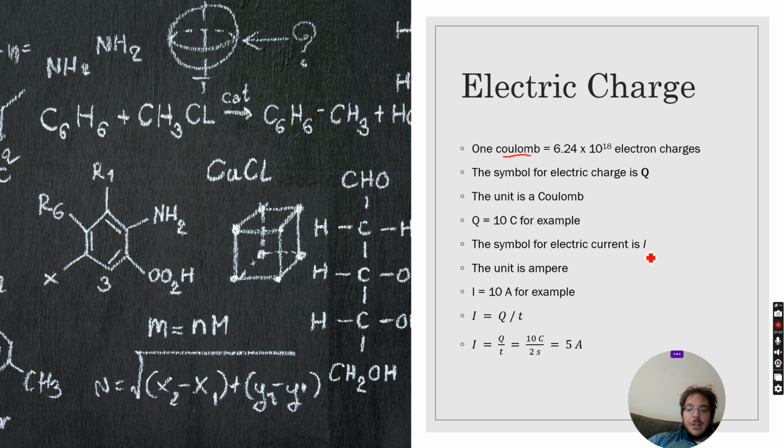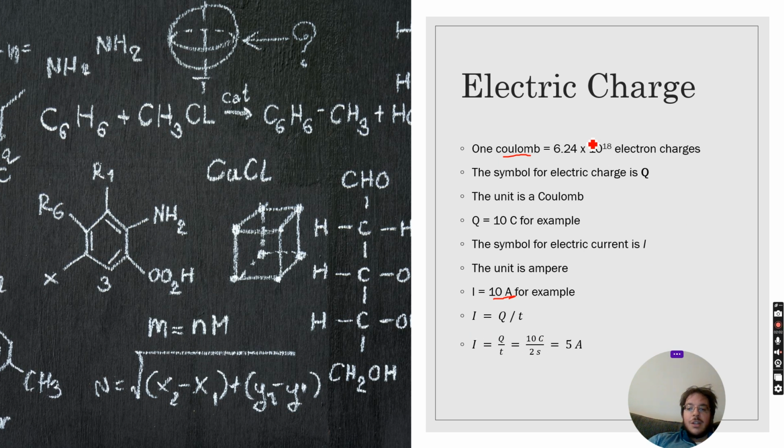Now, the symbol for current is I, and it's measured in amps. So current, the number of electrons flowing per second is our current. That's how we measure it.